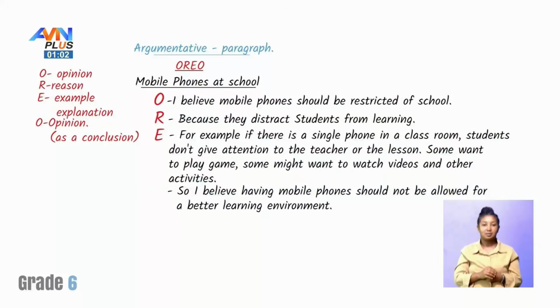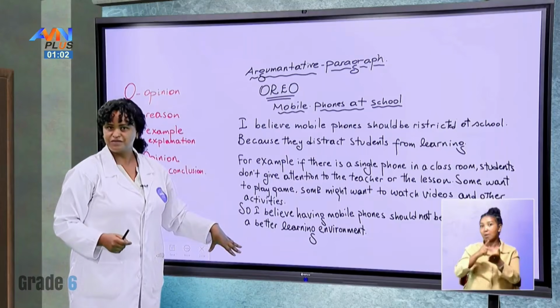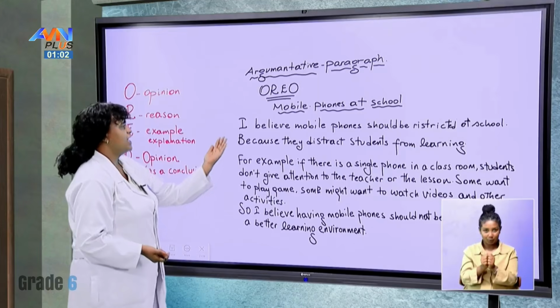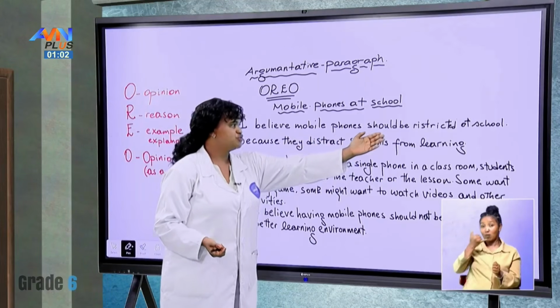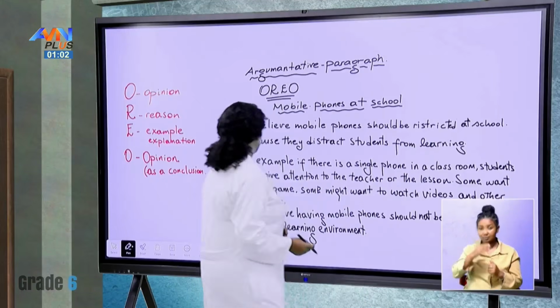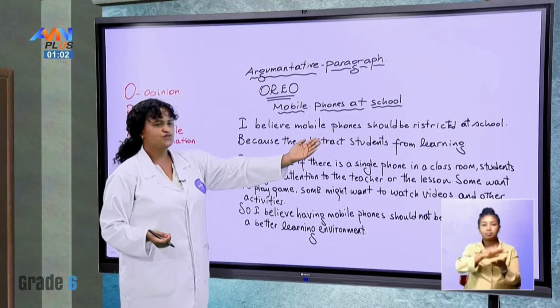This is the paragraph. Let's read our paragraph again. I believe mobile phones should be restricted at school because they distract students from learning.